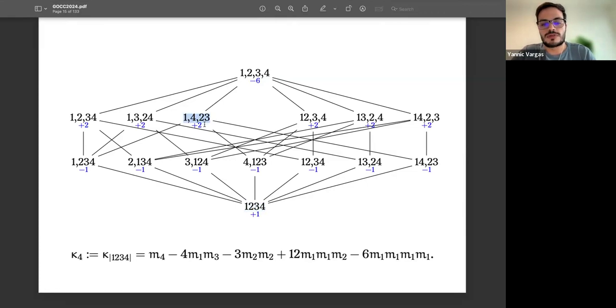And what must happen is that the blue values must add to 0 when I add all values of the interval between this element and this element. And this is just an example of calculation, for example, of kappa 4. Kappa 4 will correspond to this partition with 4 elements, and then you look at the Möbius value and you get these terms.